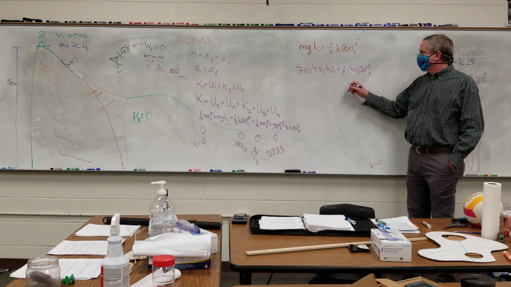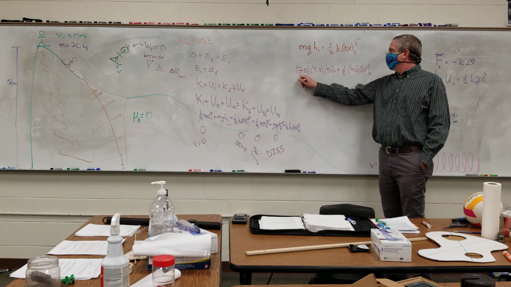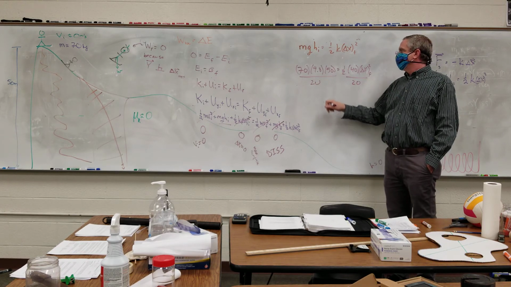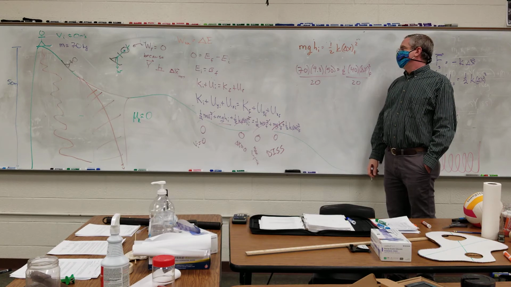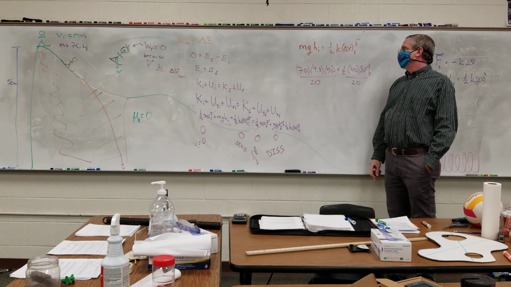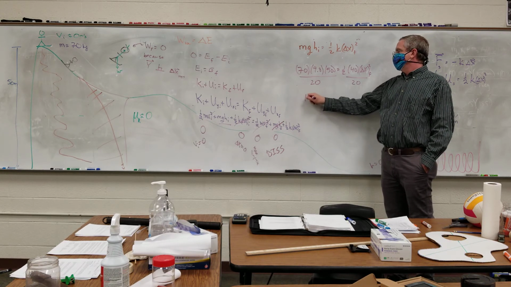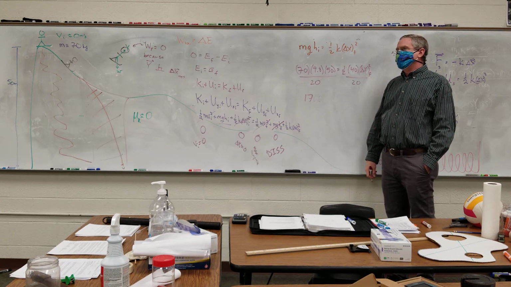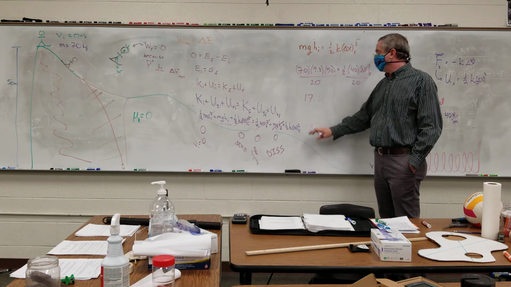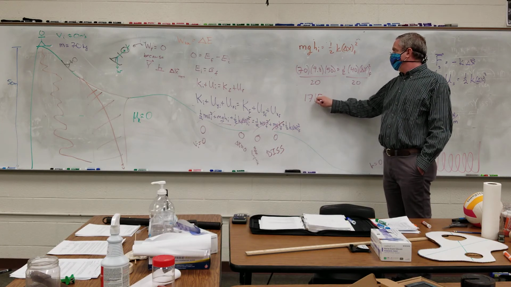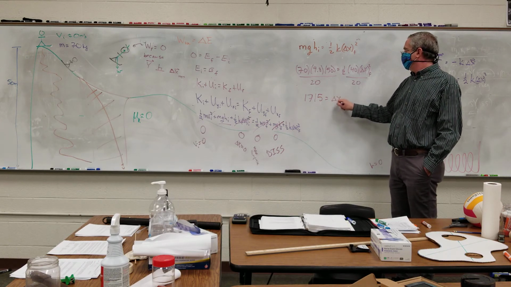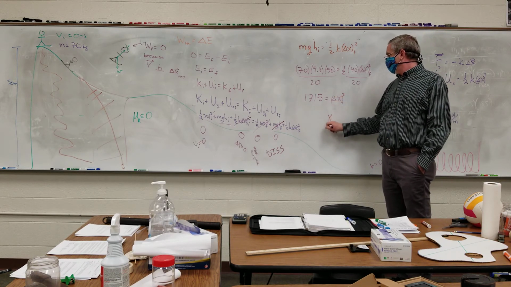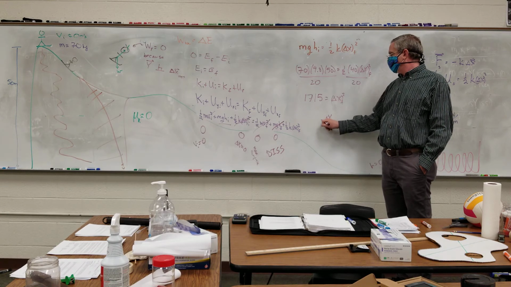I'll divide by 20. So around 1700. 1715. And the square root of that would be 41.41.